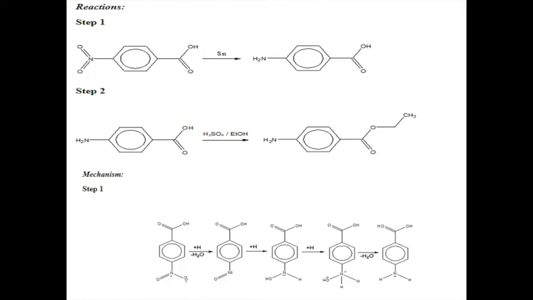In step number 2, again we add 2 protons, so there is a breakdown of the pi bond between nitrogen and oxygen and formation of a hydroxy at the end. Then there is a shortage of valence electrons on the nitrogen, so nitrogen will acquire a charge. To balance that, the other proton which is added attaches to that nitrogen.